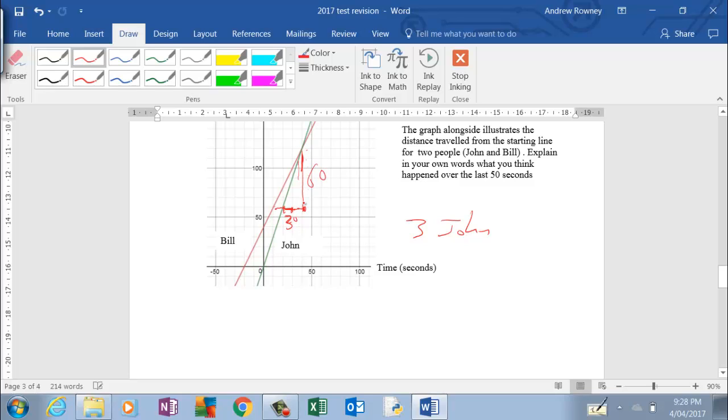So that's 60 up there. So 60 divided by 30 is 2. So we can say Bill's slope is 2.